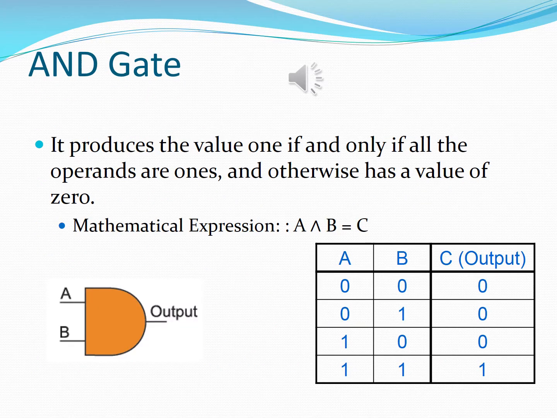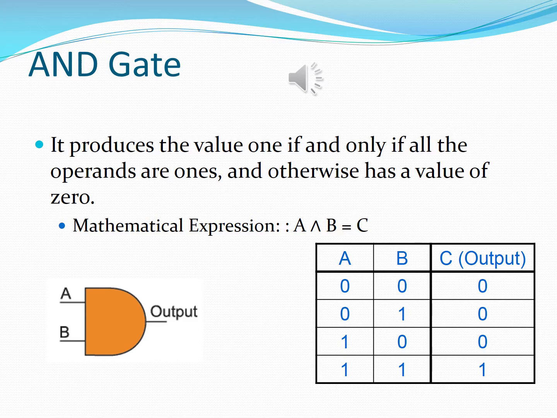AND gate. The AND gate is a gate that has a D shape. It has two inputs, and it produces the value 1 if and only if all the operands are 1s, and otherwise it has a value of 0.